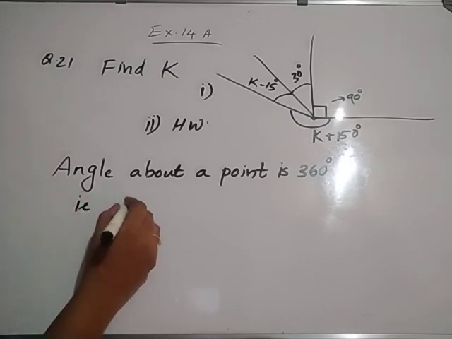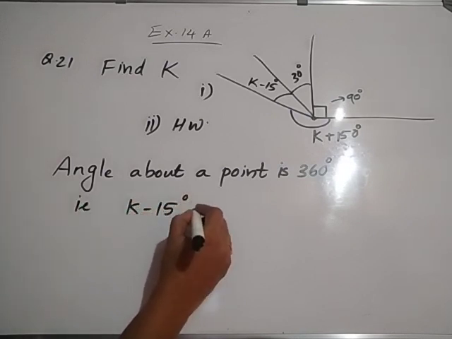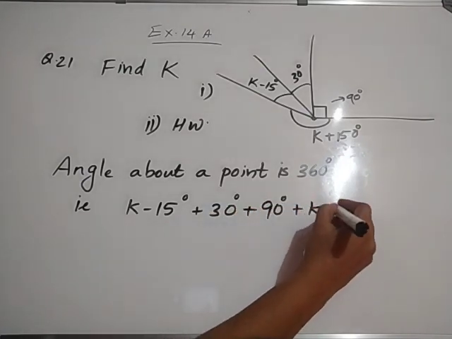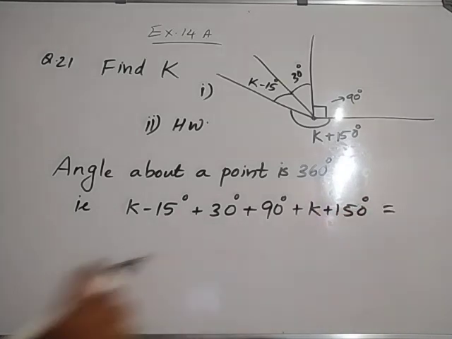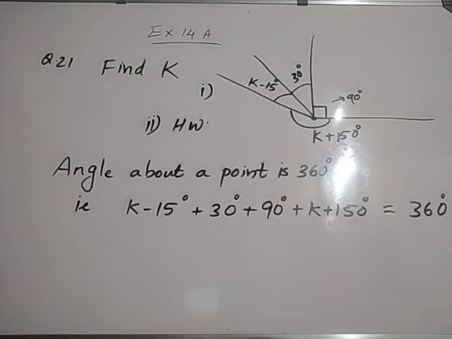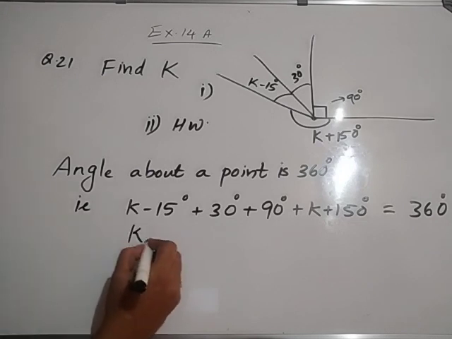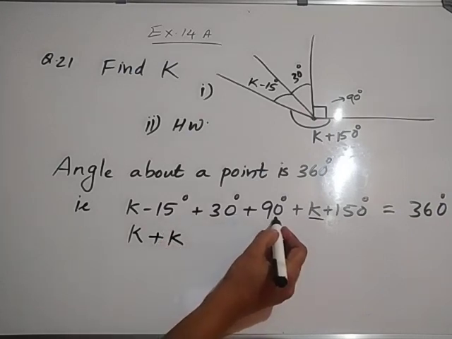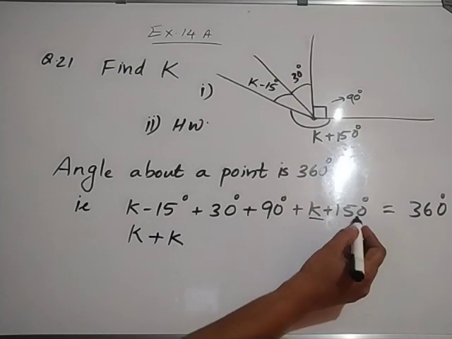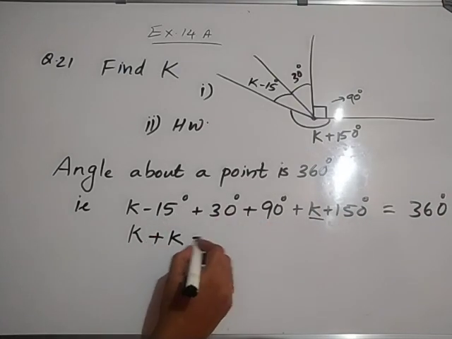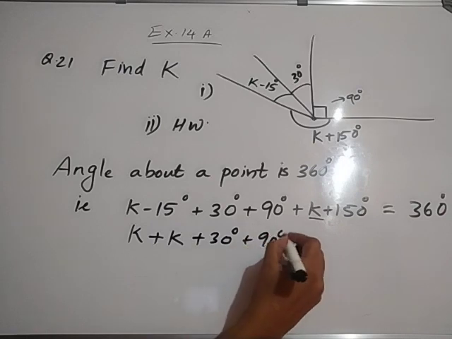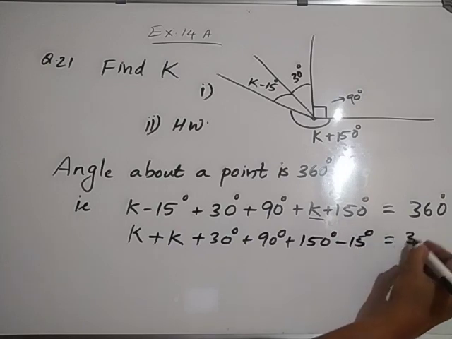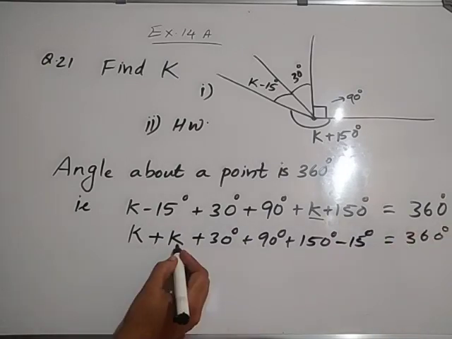That is k minus 15 degrees plus 30 degrees plus 90 degrees plus k plus 150 degrees is equal to 360 degrees. k plus, here is one more k, then 30 plus 90 plus 150 minus 15 degrees. Together we can write 30 degrees plus 90 degrees plus 150 degrees minus 15 degrees is equal to 360 degrees. k plus k, they are like terms, no?